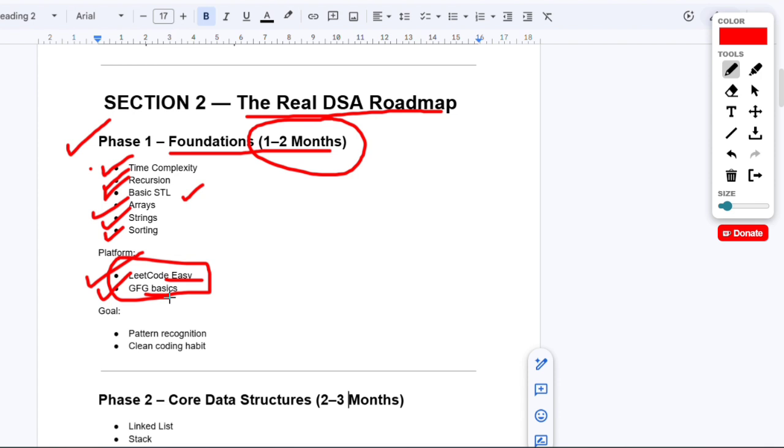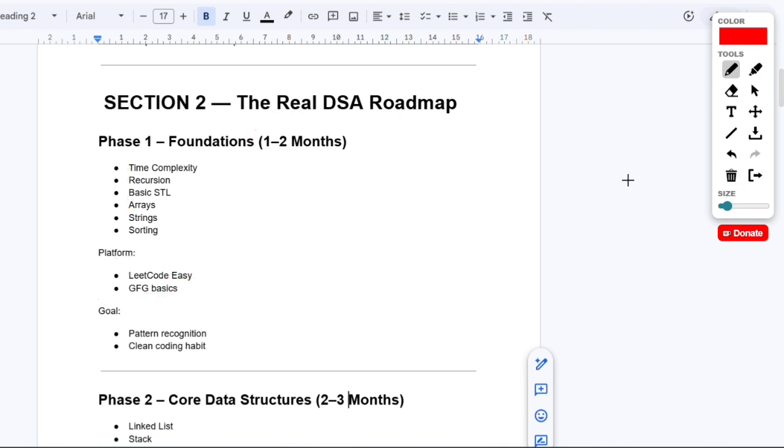This will help you with pattern recognition and clean coding habits. Remember, the quality of code you write also says a lot about your thinking approach. Just writing code is one part, but if you write neat and clean code which is understandable by every other programmer, that's a great thing.